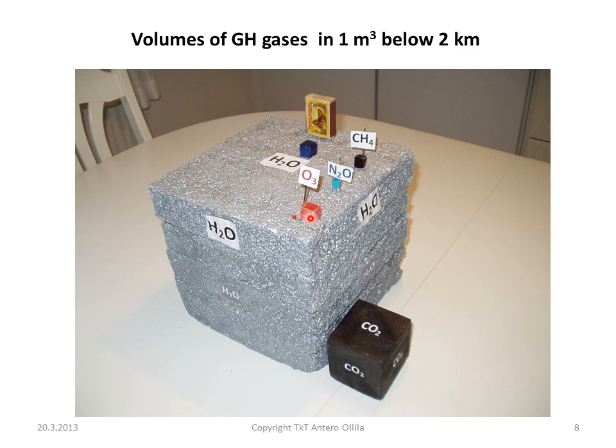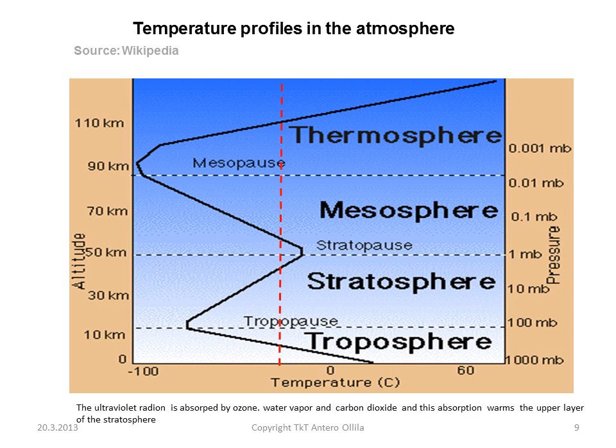This red one is the volume of ozone in the stratosphere, and this blue cube is the volume of water in the stratosphere. They are about the same size. This matchbox is here just to show what are the measures. So they are the actual volumes, how much there is each greenhouse gas in 1 cubic meter below 2 kilometers altitude.